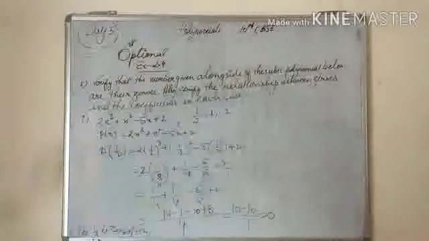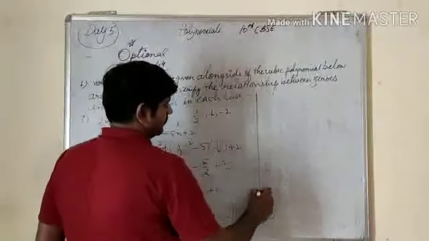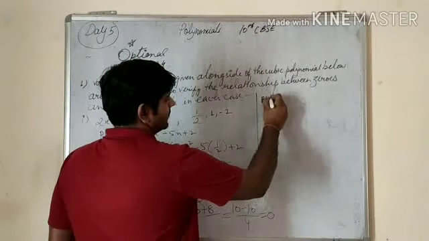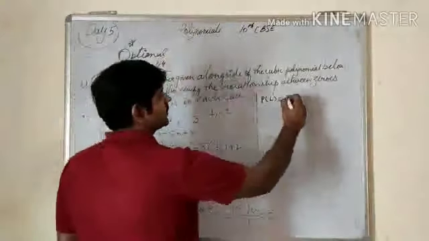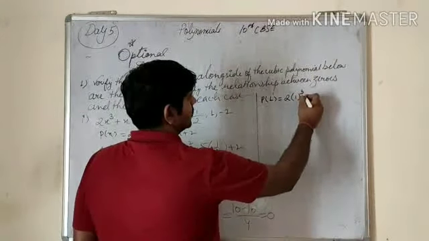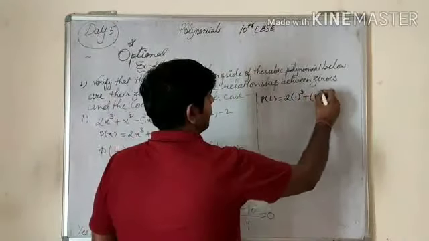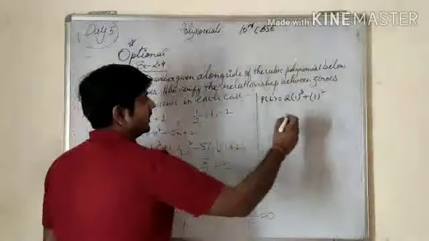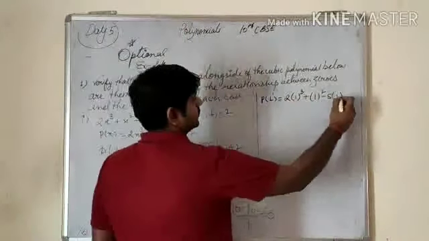Now we will take the second zero, that is 1. It means in place of x we will write 1. So 2x cube means 2 into 1 cube plus x square means 1 square minus 5x means 5 into 1 and plus 2.